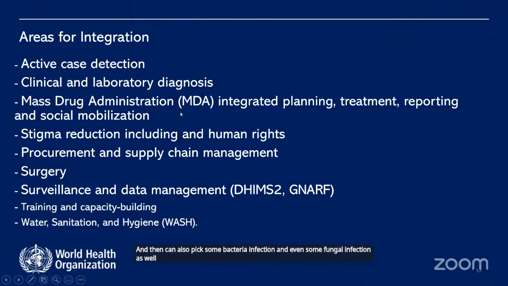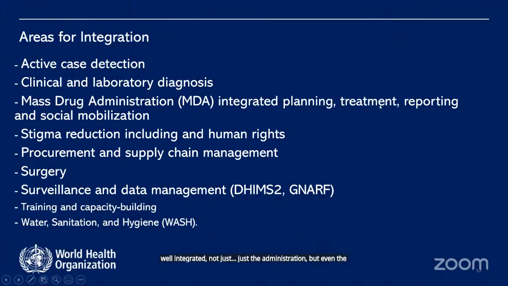So mass drug administration can also be well integrated, not just the administration, but even the planning, right through the treatment, the reporting, and then the social mobilization, so that people get to know information about not just one disease.